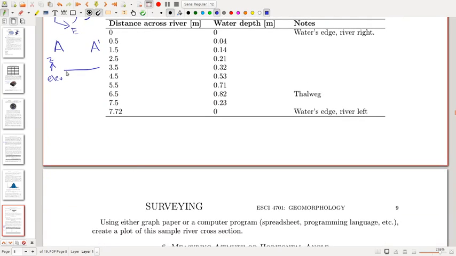And so on this A to A prime axis, what you need to do is draw what you think this river looks like in profile, in topographic profile.